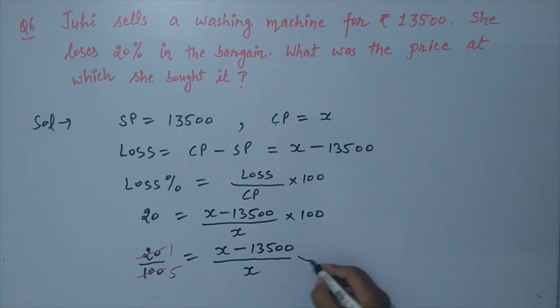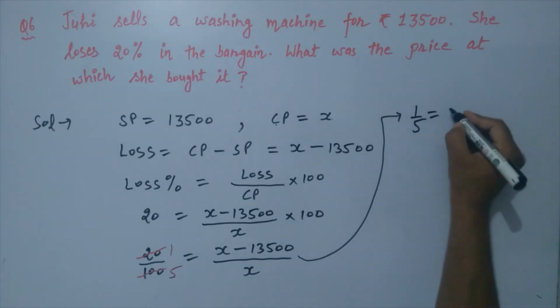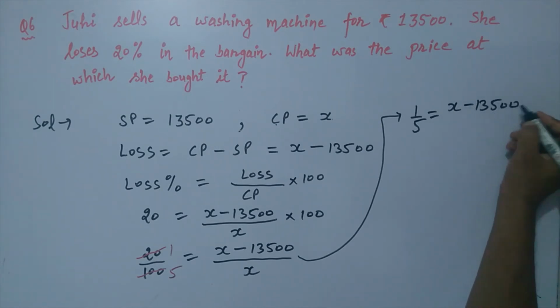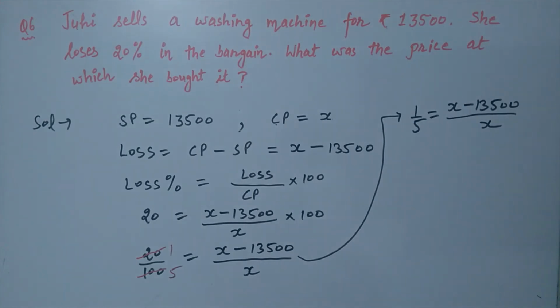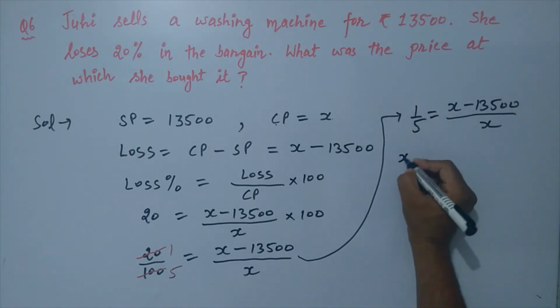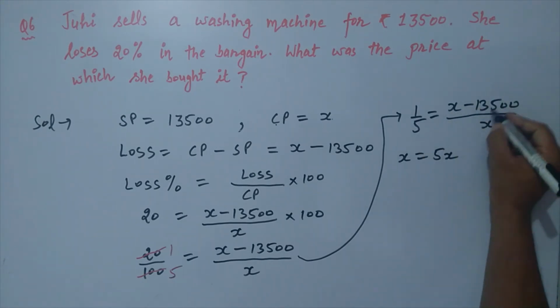So we have 1/5 is equal to X minus 13,500 divide X.